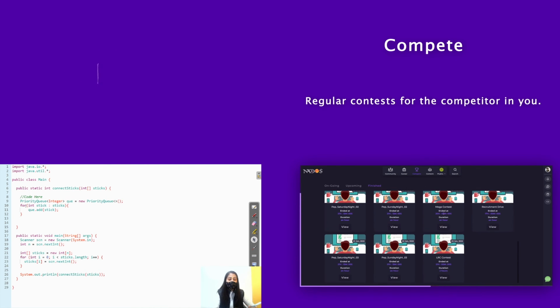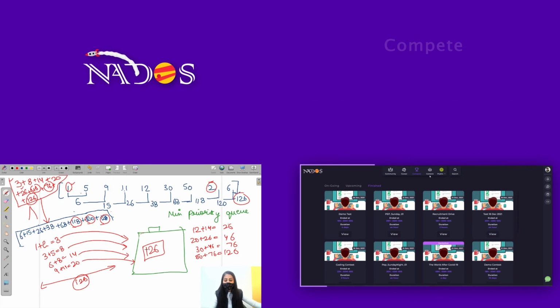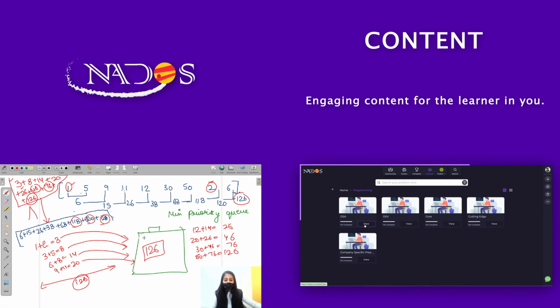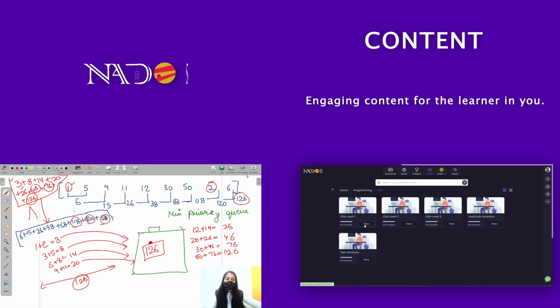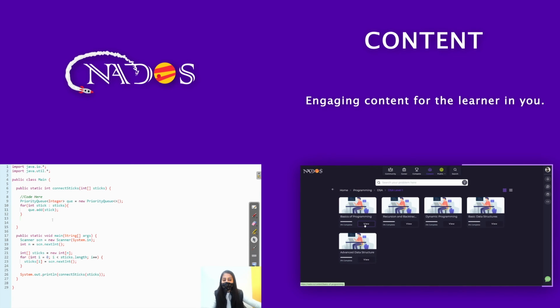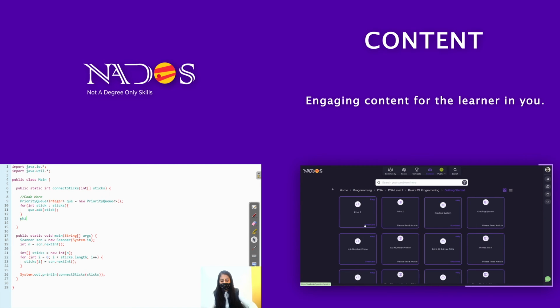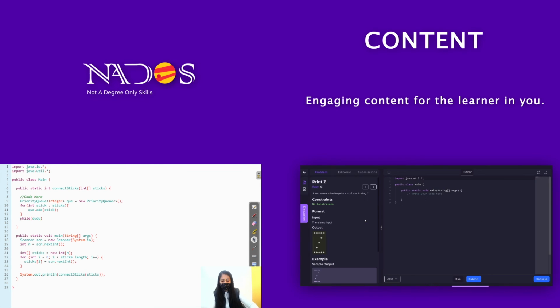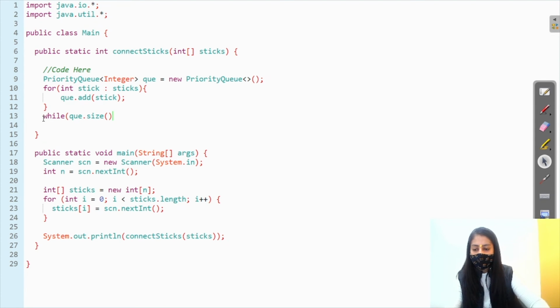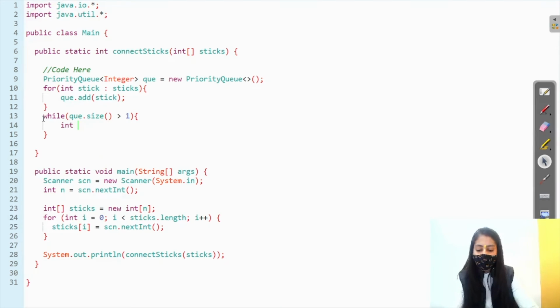Now we are performing the same operation, that is taking the minimum two elements and adding that back to the queue until one element remains in our queue, right? So we have to perform this until the size is greater than 1, right? So we are taking two elements from the queue.